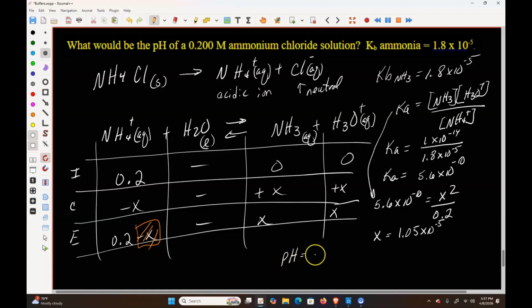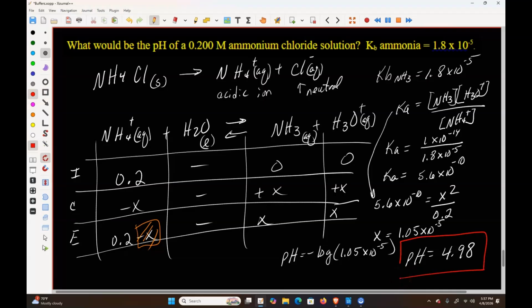So pH is equal to the negative log of 1.05 times 10 to the negative 5. So my pH is equal to 4.98, which would be the pH of ammonium chloride.